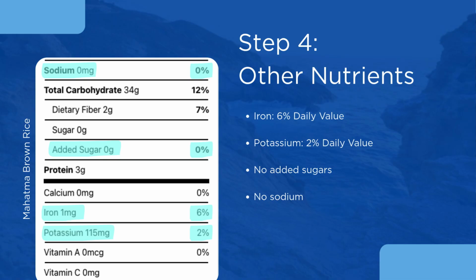Some grain products may also fortify and enrich additional nutrients to meet our nutrition needs throughout the day. This is a brown rice with iron and potassium, which is going to be helping us, and it's less processed and has more natural minerals than if you compare it to a white rice.